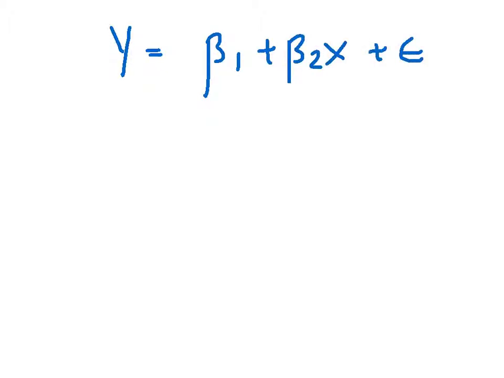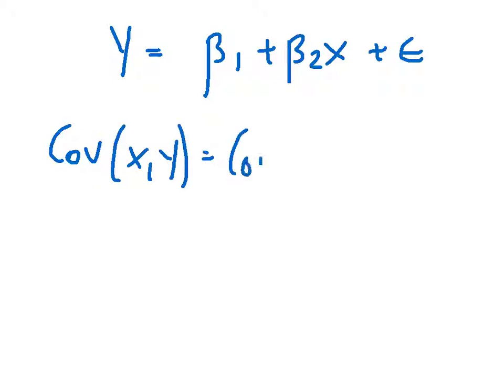We basically said that y equals y, although we didn't quite write y. Instead we wrote beta 1 plus beta 2 x plus epsilon. But y equals y, so we can say the covariance of x and y is equal to the covariance of x and y.